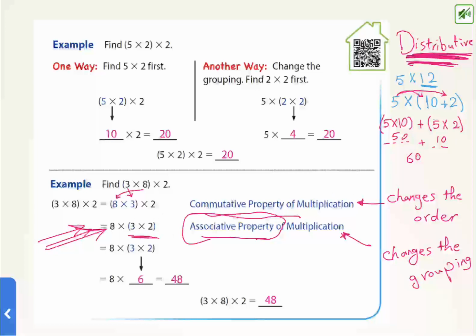Focus with me here with the samples that we are using. This is multiplication, right? Times. And this is multiplication also. Now I want you to look at this line.